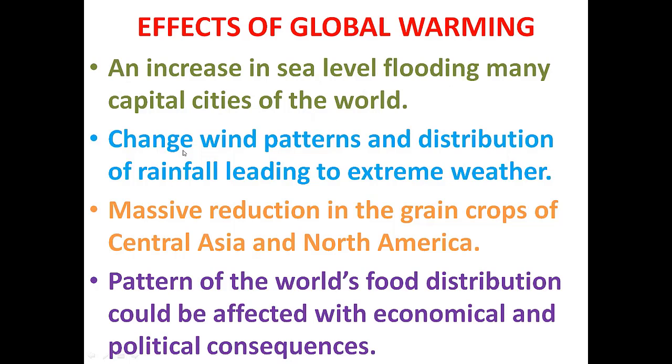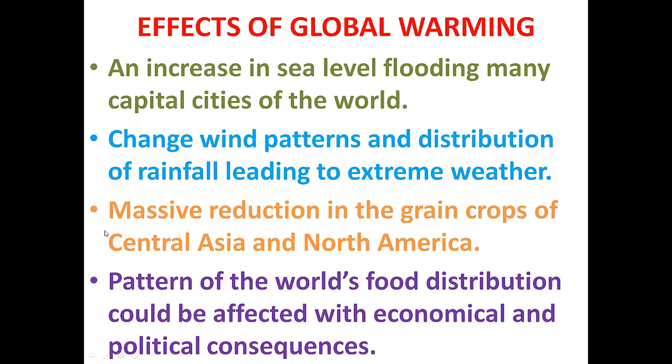This may cause change in the wind patterns and distribution of rainfall across the globe. Global warming can cause change in the wind patterns and distribution of rainfall, and this may lead to extreme weather. So the second effect is change in wind patterns and distribution of rainfall, leading to extreme weather.